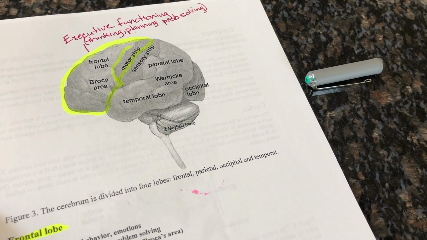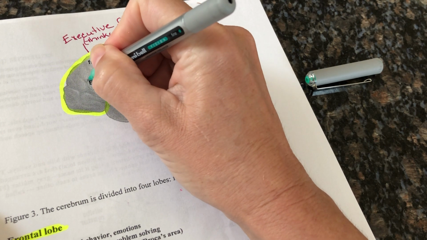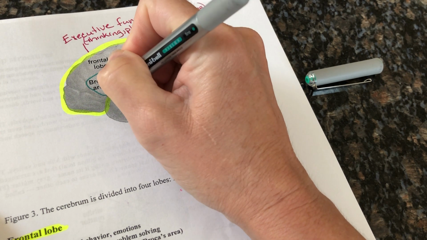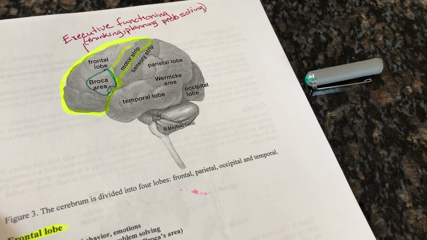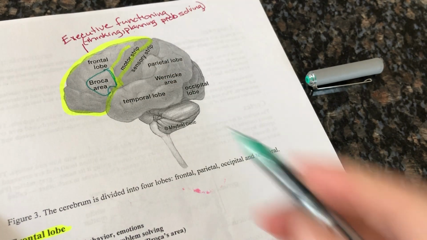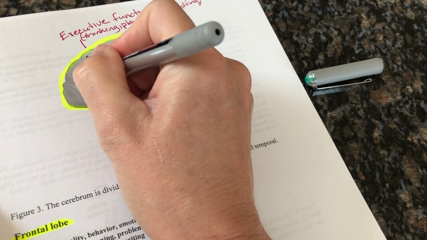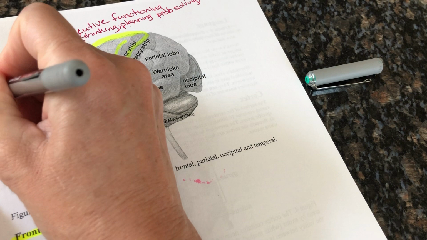As part of your frontal lobe, you've got this area here that doesn't always come off very clearly, but you guys have my original copy, so you might be able to see it much better than in a photocopy in a booklet. This here is Broca's area, and it is part of the frontal lobe, and Broca's area is in charge of speech production.